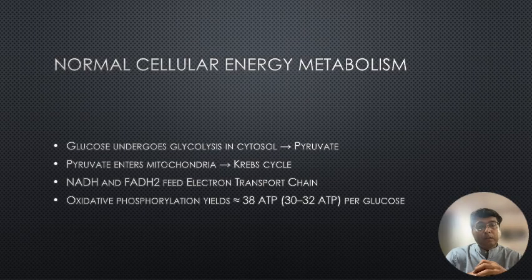So the end product in aerobic glycolysis, that is the pyruvate, thus produced, enters into the mitochondria, where it encounters the pyruvate dehydrogenase complex and enters into the Krebs cycle, producing the acetyl CoA.